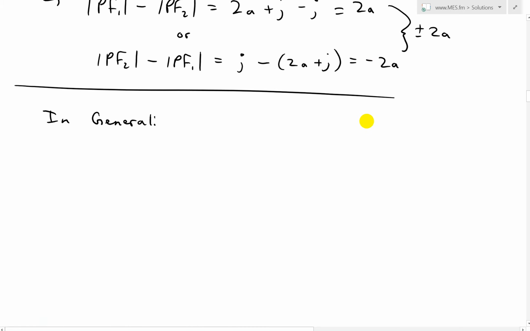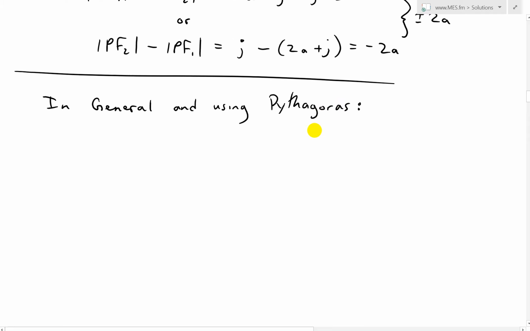So let's go here. In general, and using Pythagoras.